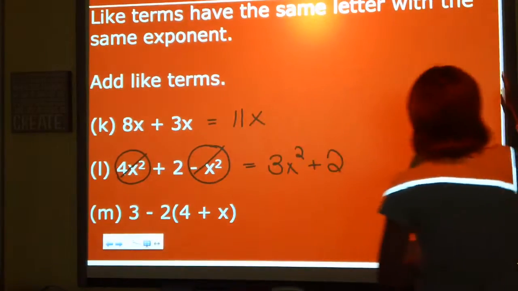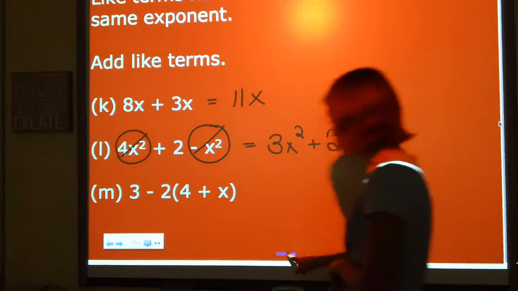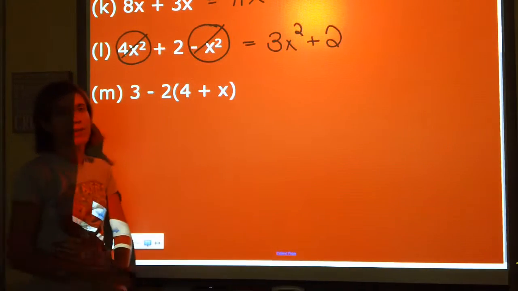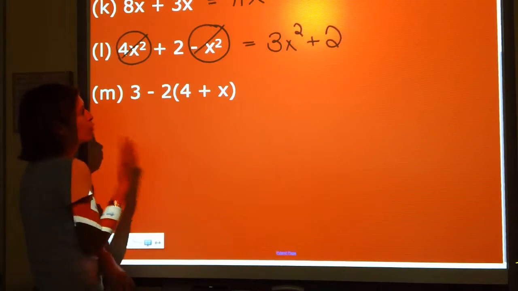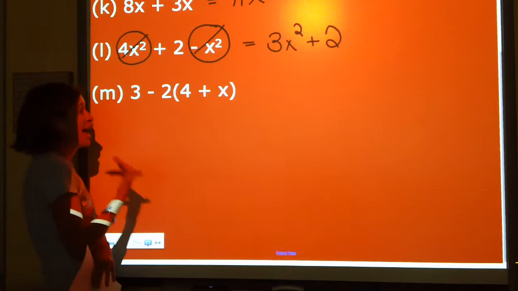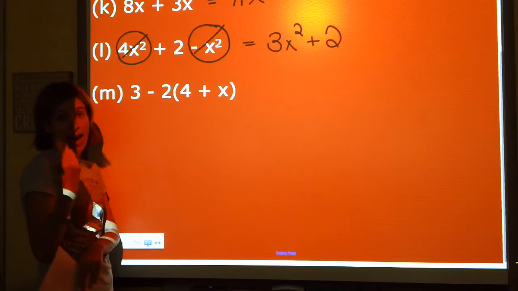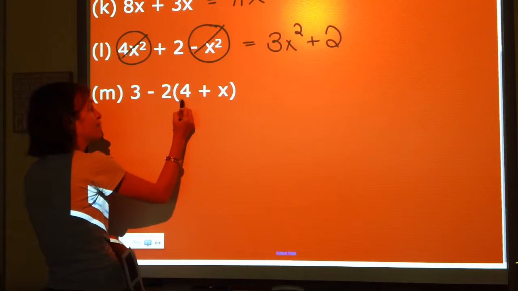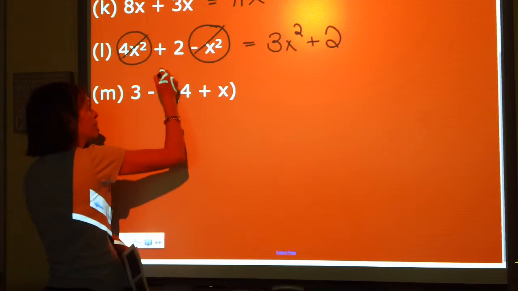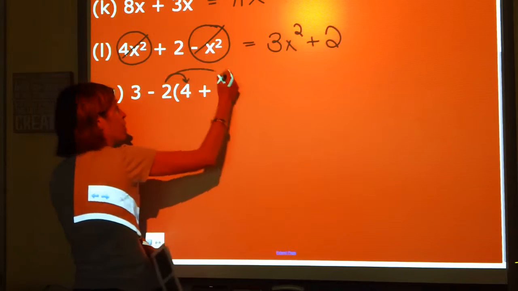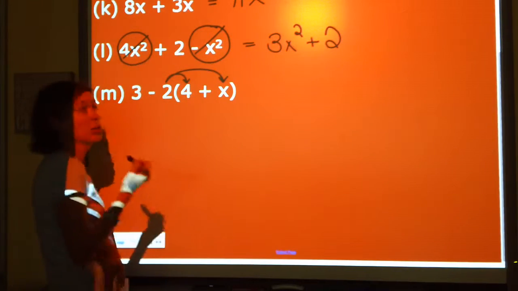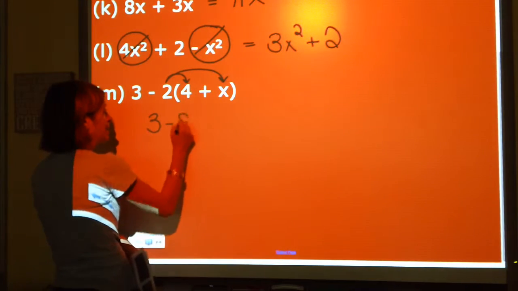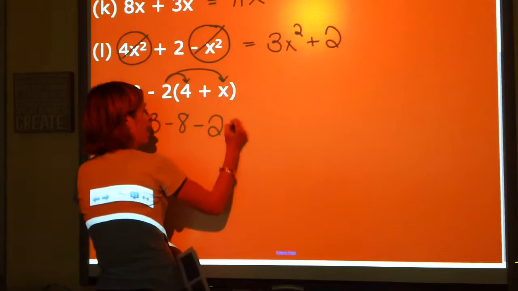All right, a little bit harder. Here's a great example of using the distributive property along with combining like terms. Remember, our order of operations tells me that I have to multiply before I add and subtract. So looking here, I have 3 minus 2 times (4 plus x). I'm going to distribute this negative 2 through my parentheses, or in other words, multiply, and I'd be left with 3 minus 8 minus 2x.